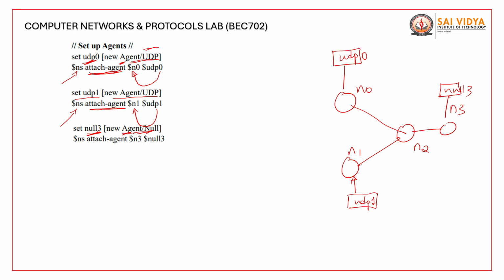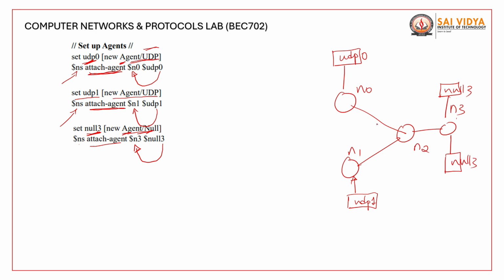So define the object for null which is to be connected to node 3. $ns attach-agent $n3 $null3.